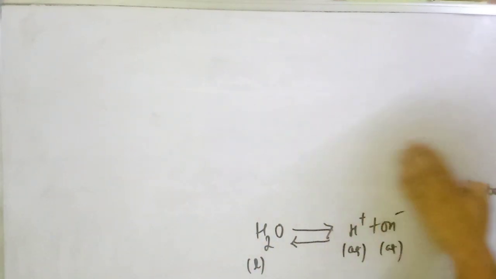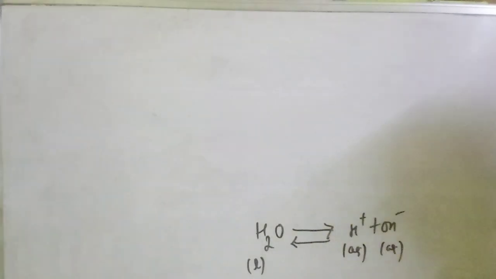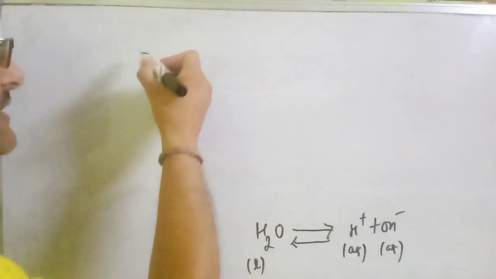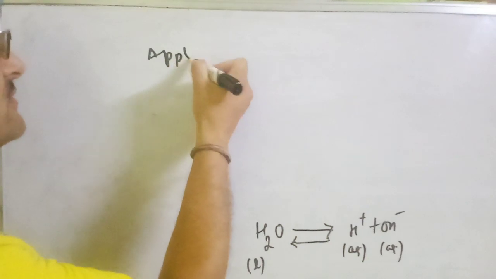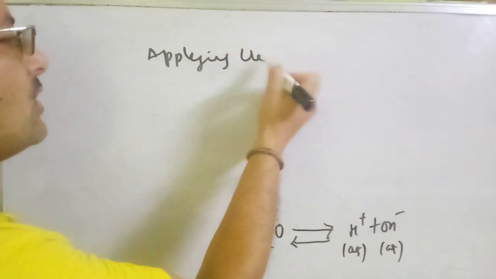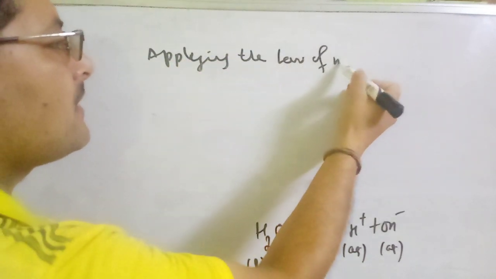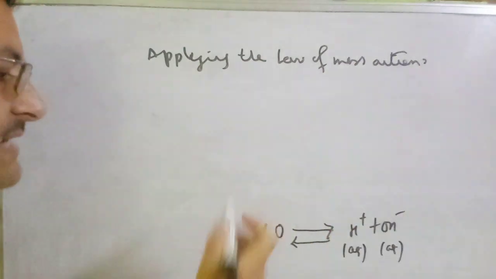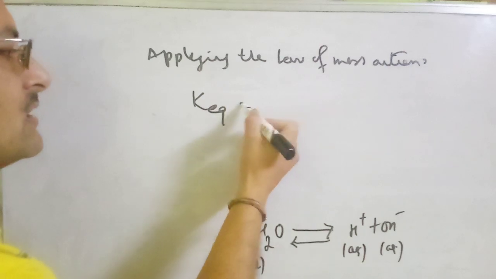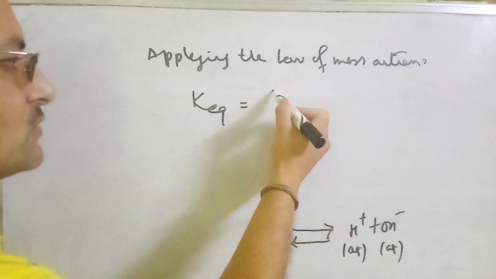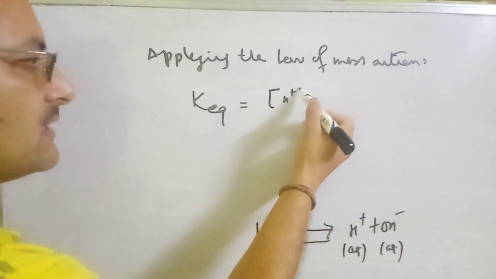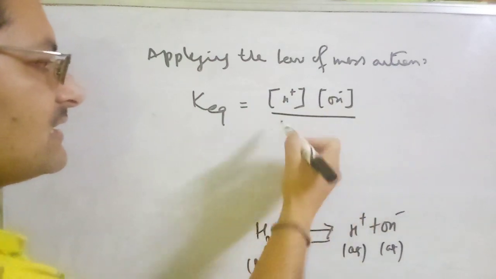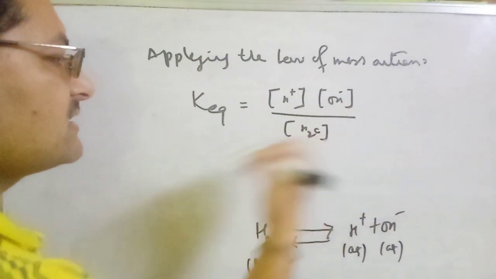It indicates that the process is in equilibrium, and when the process is in equilibrium, applying the law of mass action, we can write K eq, the equilibrium constant, equals the product of concentration of products divided by the concentration of reactant.